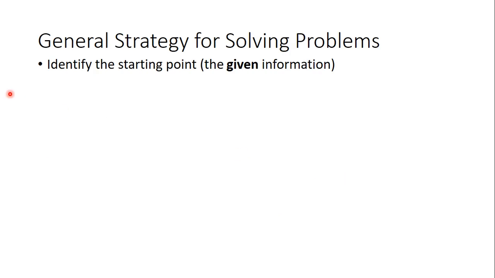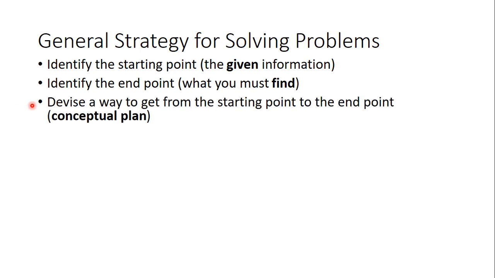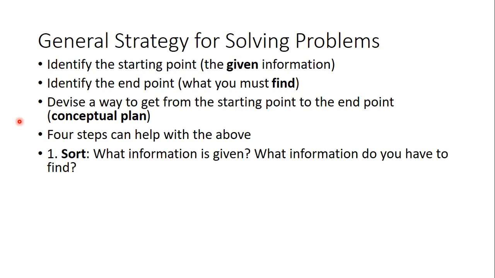So the general strategy for solving problems, and not just unit conversion problems, but any problems: 1. Identify your given information. 2. Identify what you need to find. 3. Figure out a way to get from your given to your endpoint, your conceptual plan. And there's 4 steps for this. 1.